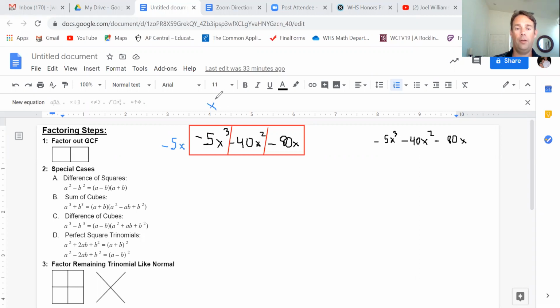So I have x squared minus 8x, and actually that's a positive 8, and a positive 16. So that means we have a negative 5x times x squared plus 8x plus 16. I'll have the same one over here too.